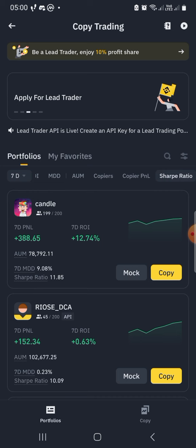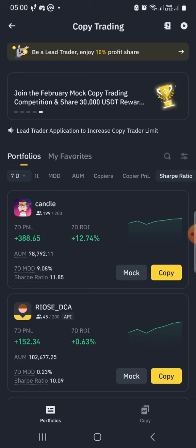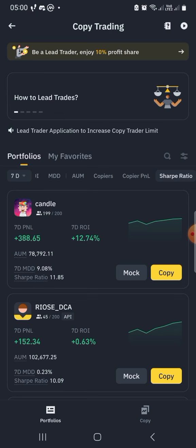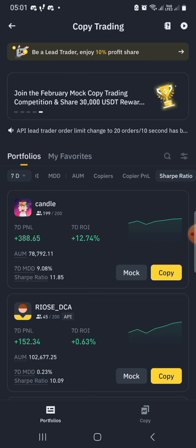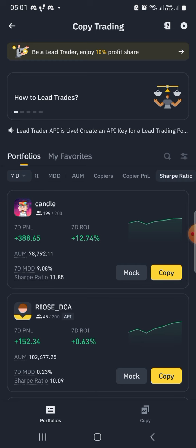Also, the market slippage may exceed the limits. And there's a thing about this platform: when a lead trader creates an order to close a current position and open an opposite position, the system will only close the copy trader's position, but it won't open that opposite position for you.